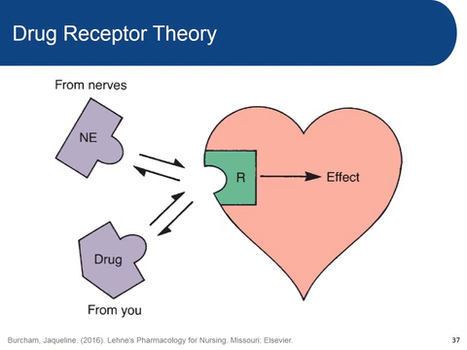So if you have a drug that mimics the effects of norepinephrine when it's administered, then you can expect that it's going to increase cardiac output. If you have a drug that blocks the receptor that norepinephrine normally binds to, then you can imagine that might decrease cardiac output. So in many ways, the drug receptor theory is pretty basic. If you understand what the underlying process is, then you can predict the effect it might have on the body.